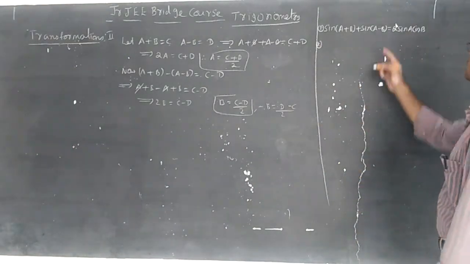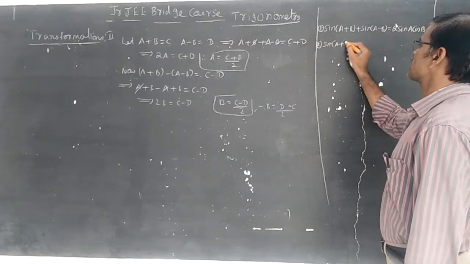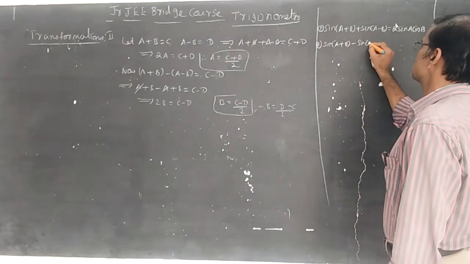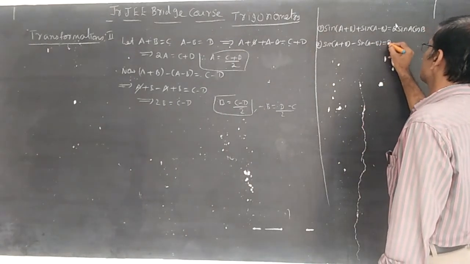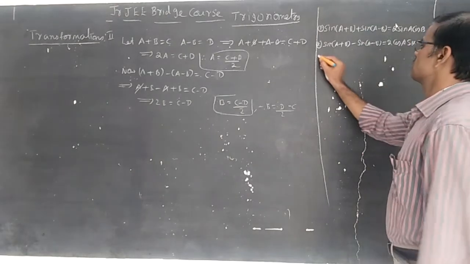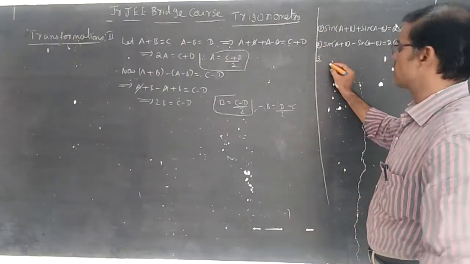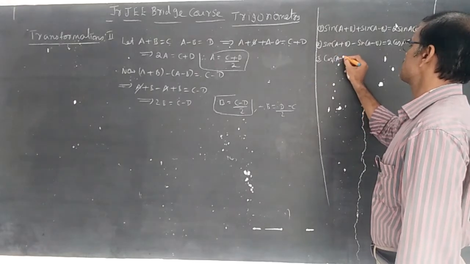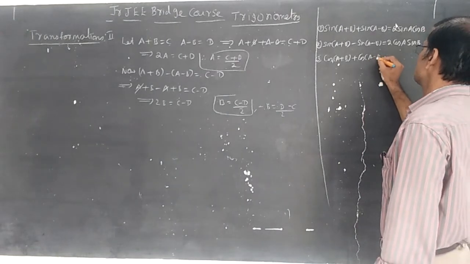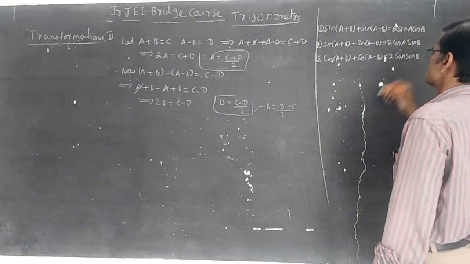Next one depends upon the second formula: sin of A plus B minus sin of A minus B we have learned as 2 cos A sin B. Third one, cos of A plus B plus cos of A minus B is equal to 2 cos A cos B.